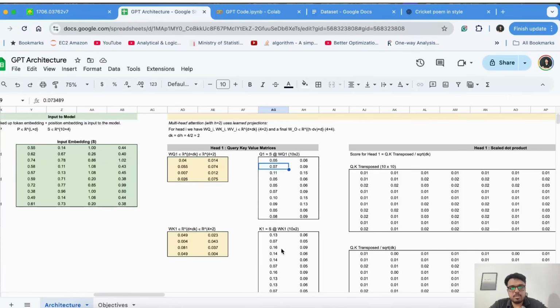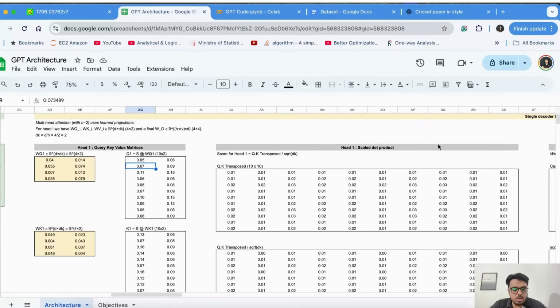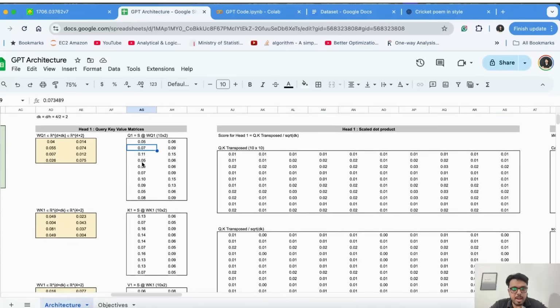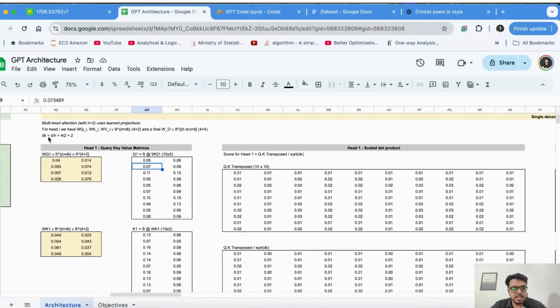Now, the next thing that happens within each head is a scaled dot product, right? What we mean here is that the matrix Q1 is multiplied by the transpose of K1. So Q1 multiplied by transposed K1 and divided by square root of dk, which is effectively the dimension for the weight matrix that we are defining.